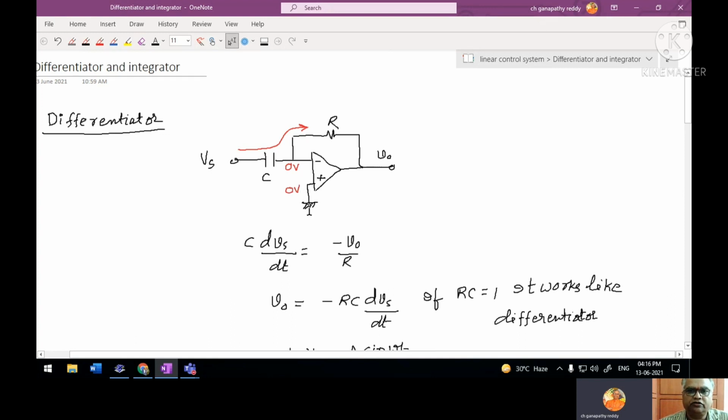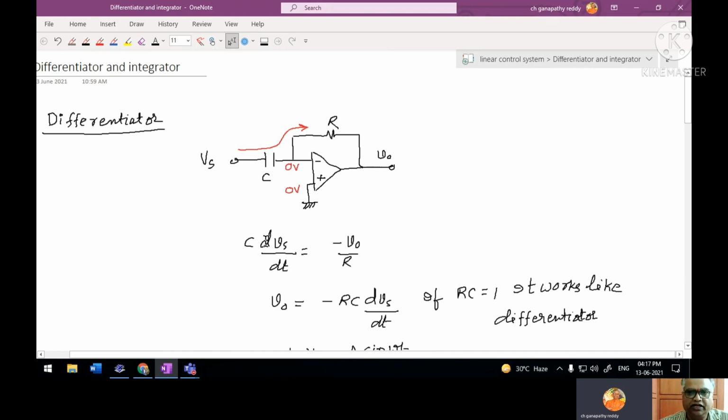Since the non-inverting terminal is connected to ground 0, due to virtual short, this 0 will appear here too. Current flowing from Vs to ground is given by the current through the capacitor, C dV by dt.